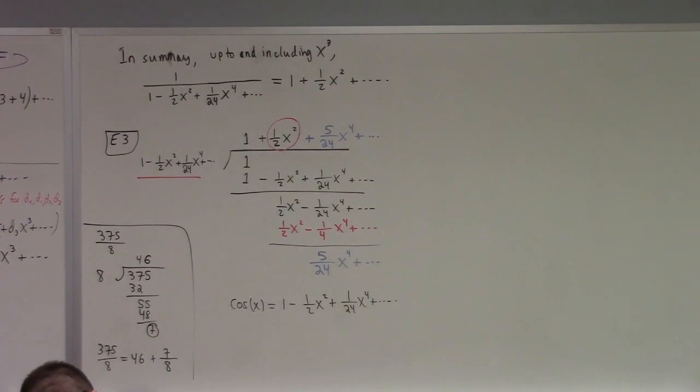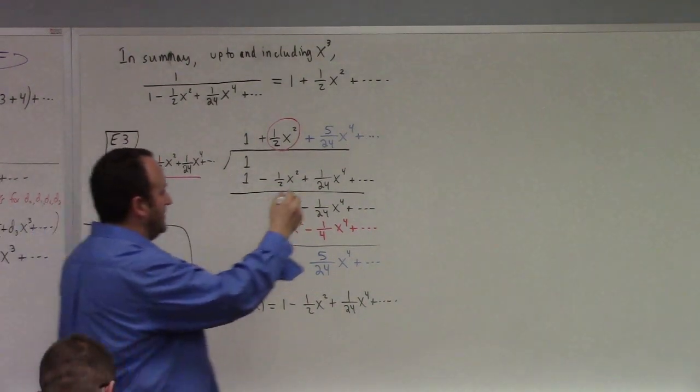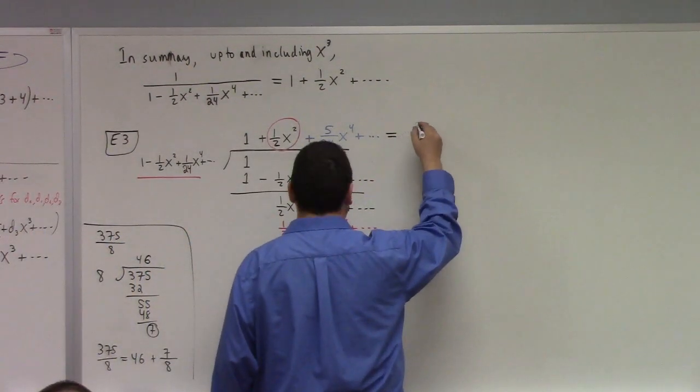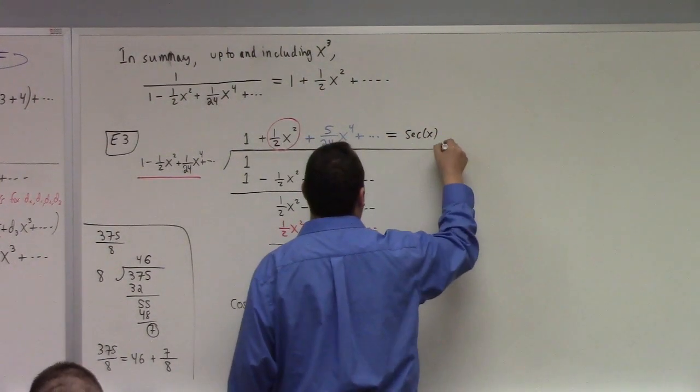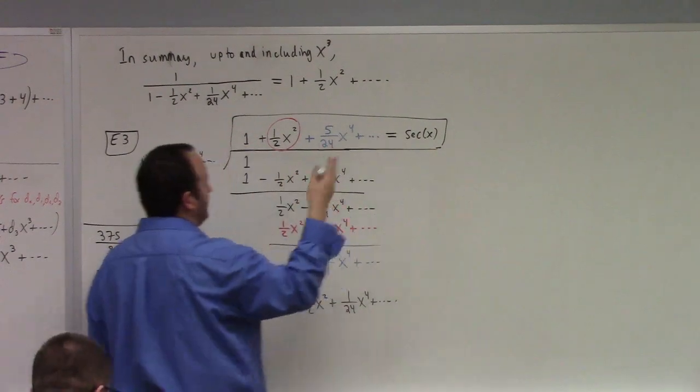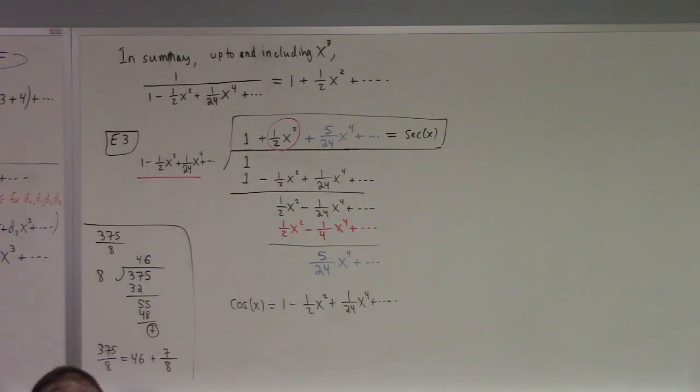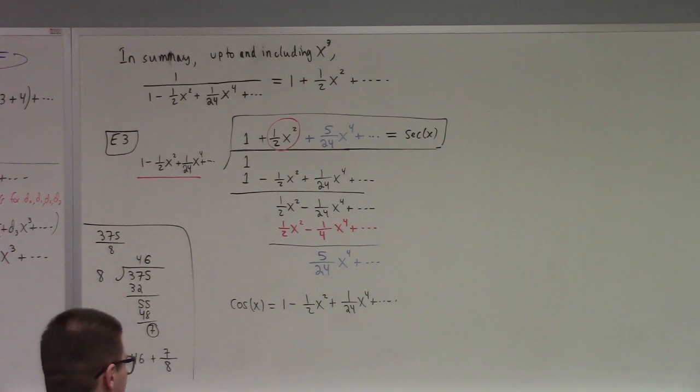So what we just derived in examples 2 and 3, we found that what we're looking at here is actually the power series expansion of secant x. Well, the first 3 non-trivial terms in the power series for secant x. All right? Okay.